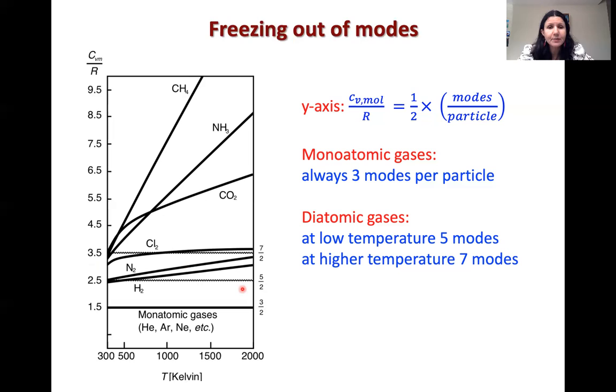Now, if you look at some more complicated molecules, like CH4, NH3, or CO2, you can see that the more atoms in the molecule, the more modes it's possible to have. So this kind of graph keeps on going.